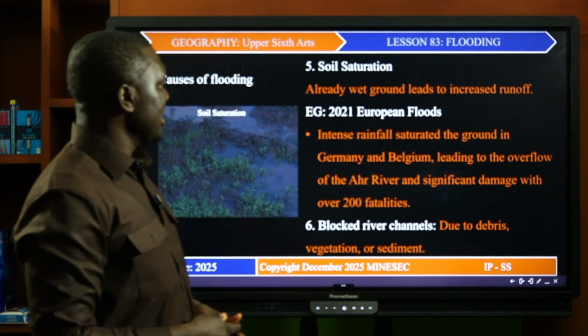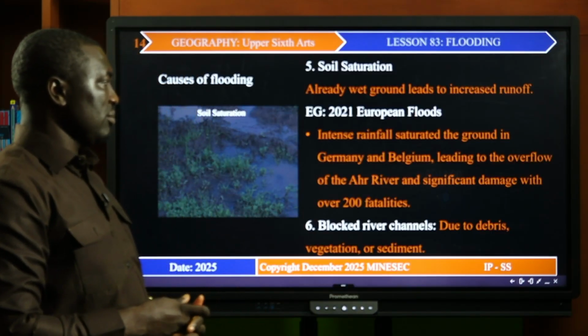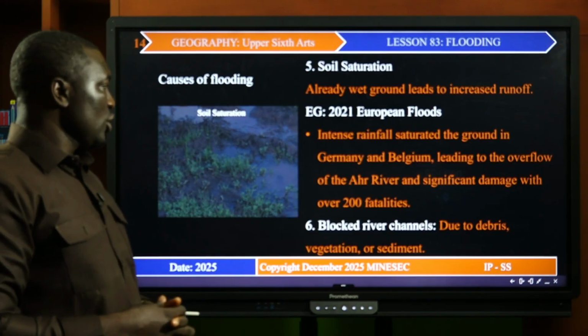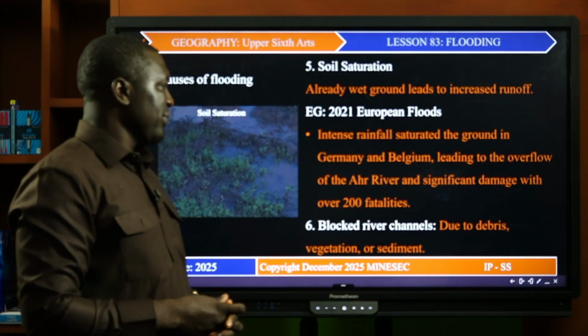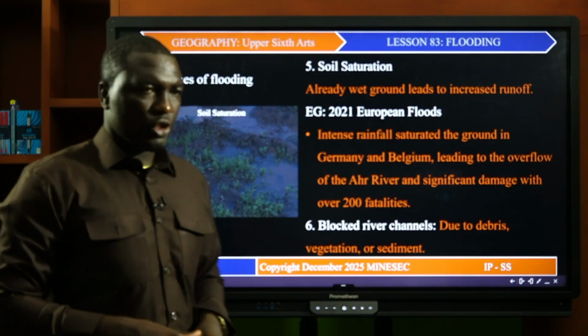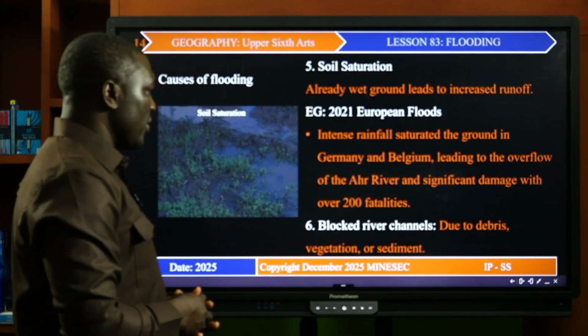In 2021, in the European flood, intense rainfall saturated the ground in Germany and Belgium, leading to overflow of the Ore River and significant damage, with over 2,000 fatalities.